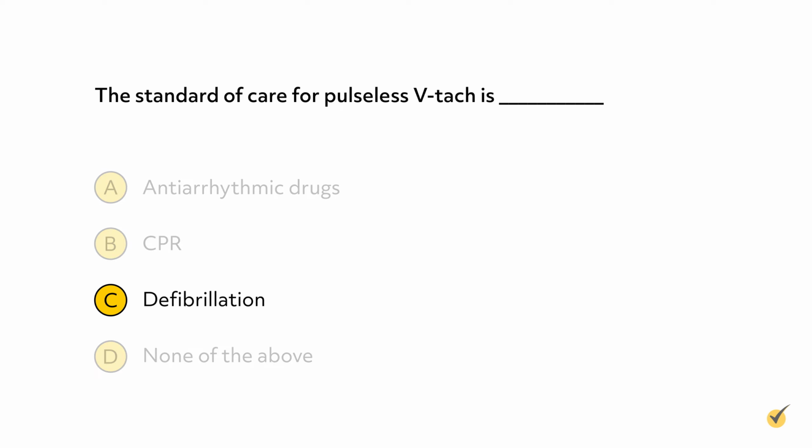The correct answer is defibrillation. The standard of care for pulseless VTAC is defibrillation to immediately convert the VTAC to sinus rhythm and reestablish cardiac output and organ perfusion. If the patient is stable with adequate cardiac output, they generally receive antiarrhythmic drugs.